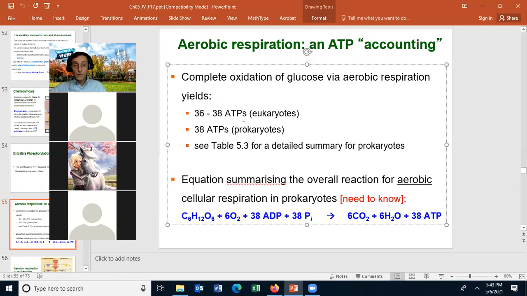You should know the overall summary equation for aerobic respiration. Glucose, which is C6H12O6, plus 6 oxygen molecules and 38 ADP molecules, 38 inorganic phosphates, combine to make 6 CO2 molecules, 6 water molecules, and 38 ATP molecules.